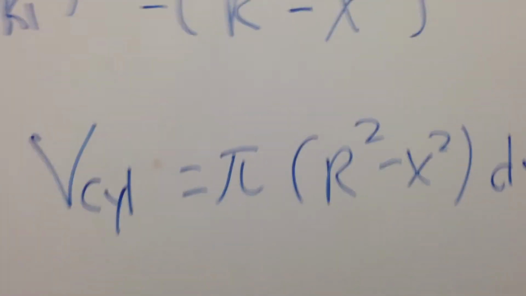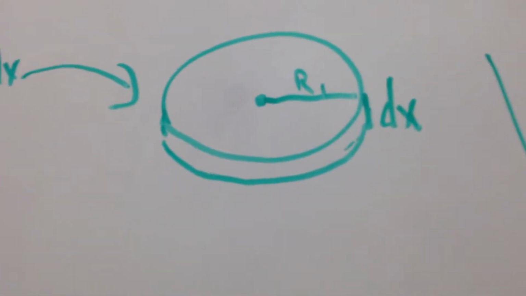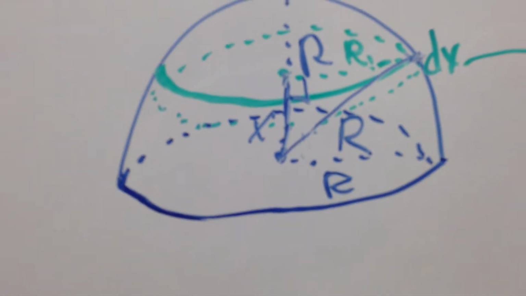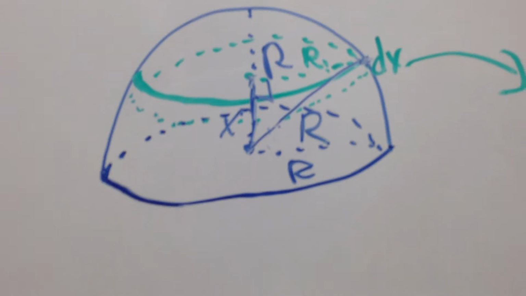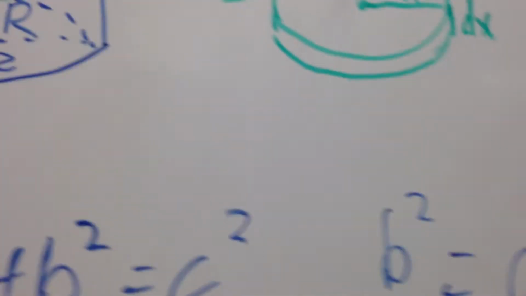Now this is only the volume for one cylinder. We have an infinite number of cylinders in this sphere from 0 to r.